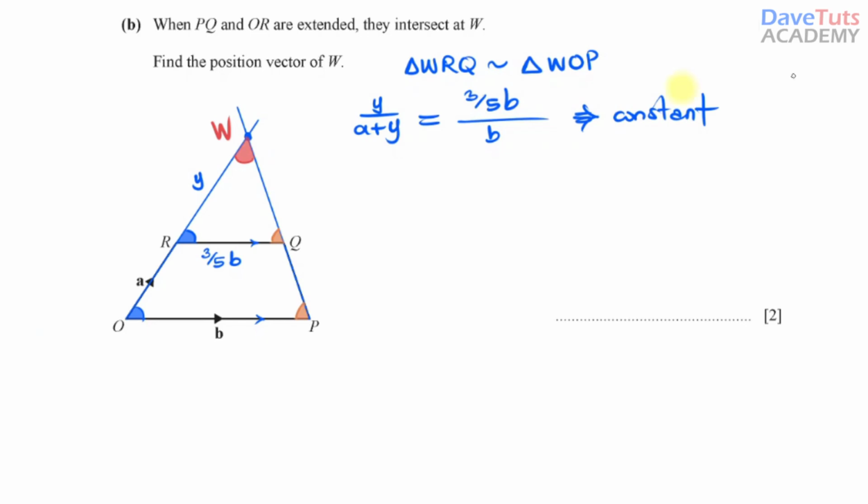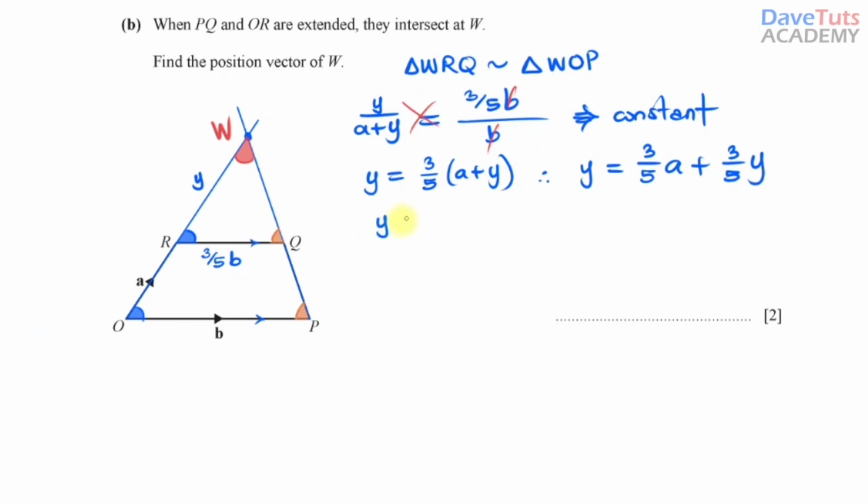And all I just need to do here now is, let's say I want to cross multiply. Okay, and since they are constant, I'm also seeing that this B is going to cut out. So crossing multiplying, I'm just going to have that Y is equal to 3 over 5 into A plus Y. So what I'm having is Y is equal to 3 over 5A plus 3 over 5Y.